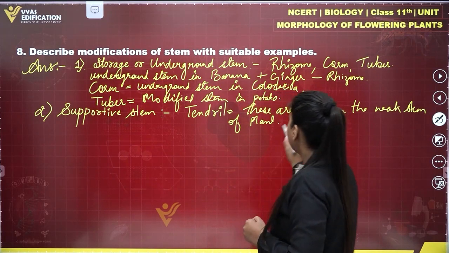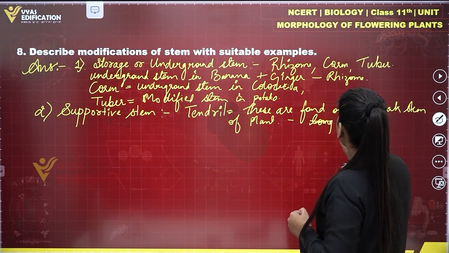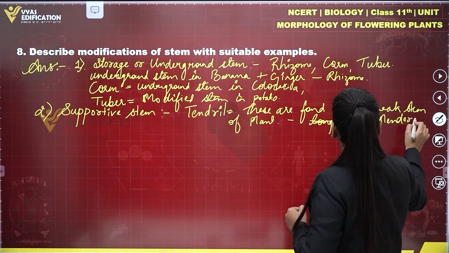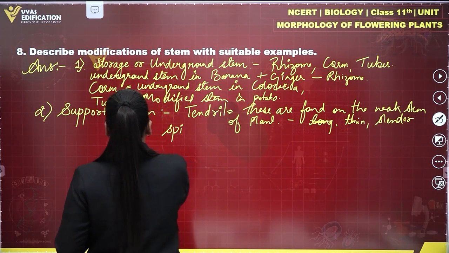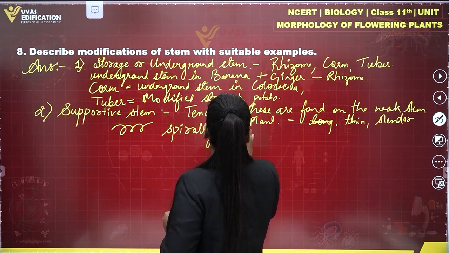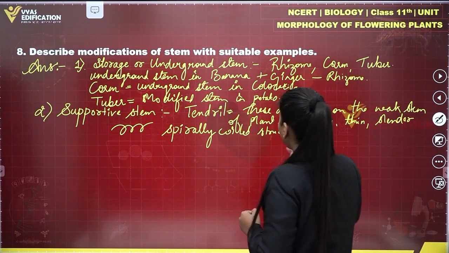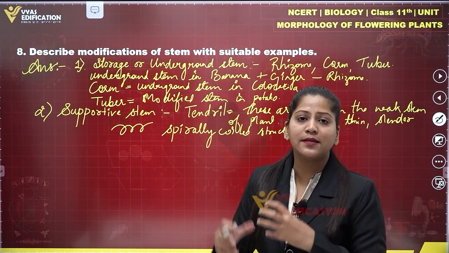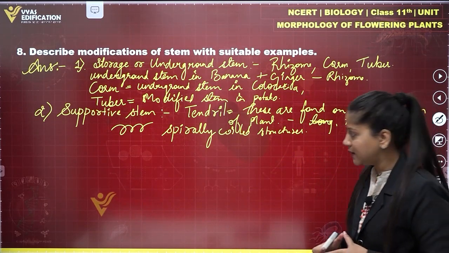But what is a tendril? They are thin, slender and spirally coiled structures. They are found in some plants like cucumber, melon and some other fruits or vegetables of family Cucurbitaceae.